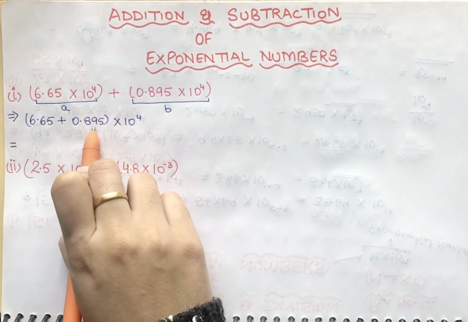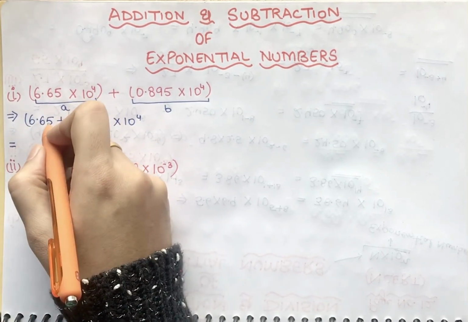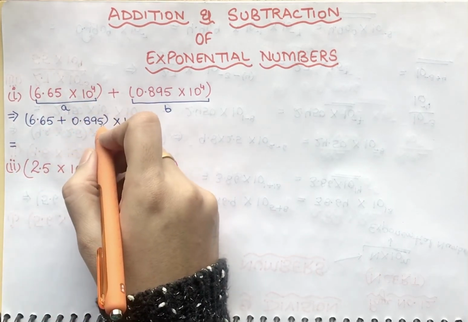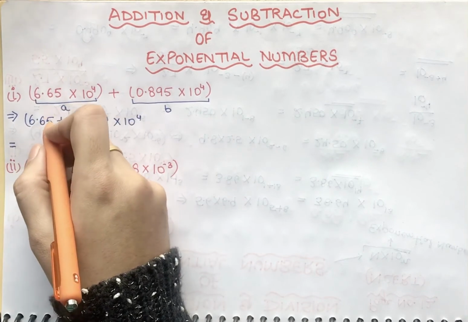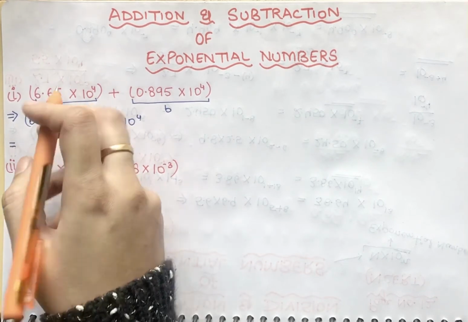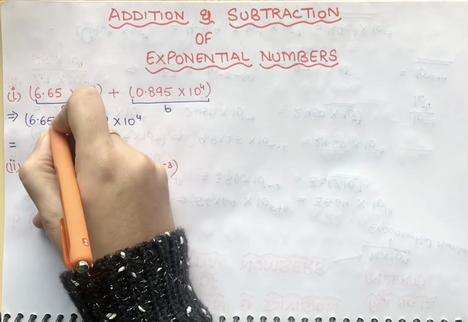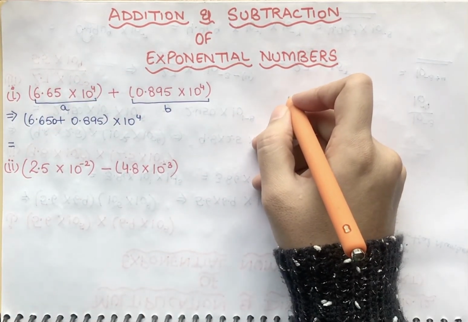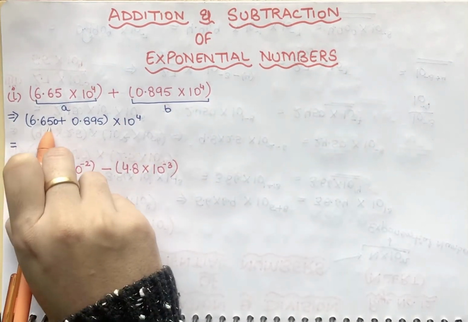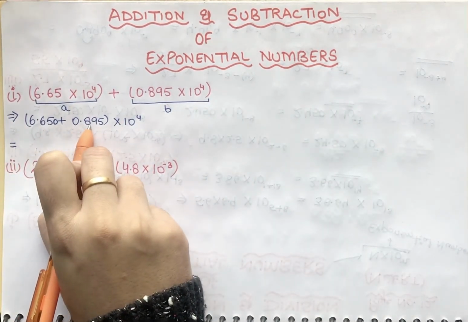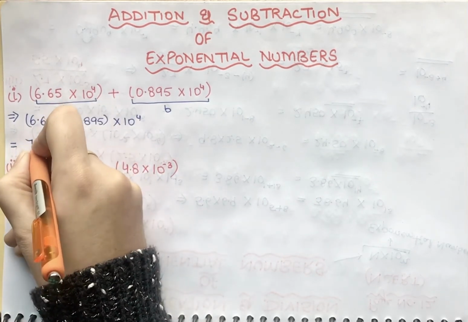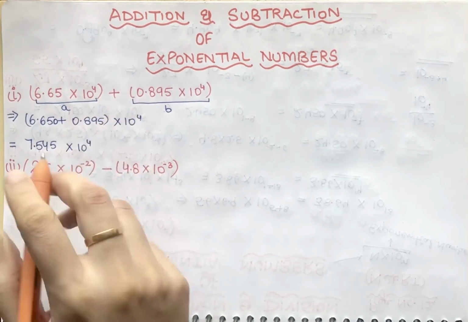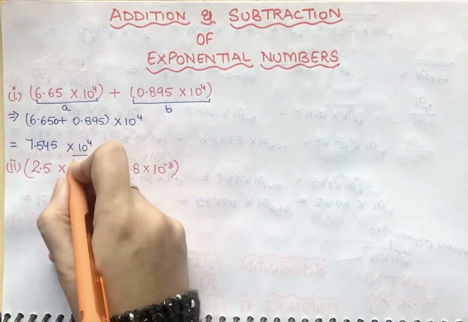Here I am having 2-digit values on the right side of the decimal, and here I am having 3-digit values. First of all I should make this value a 3-digit value, so I'll simply add a 0 over here. Now if I add 6.650 and 0.895, I'll get the answer 7.545 into 10 raised to power 4. This is my final answer.